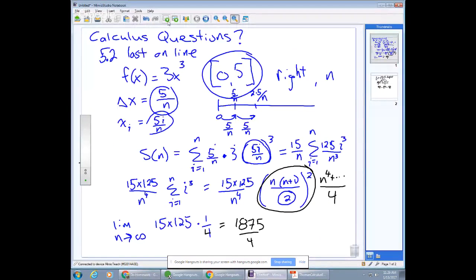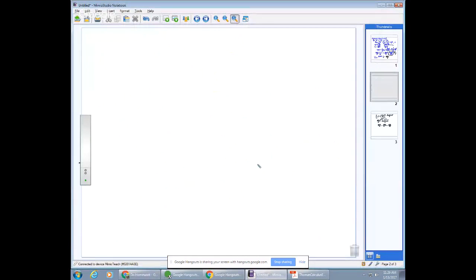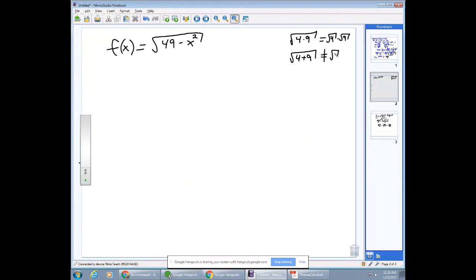It actually does, and that's an excellent point. So the function is this. Yeah, it looks like it could be simplified, 49 minus x squared. One thing about square roots: although you can break up the square root on multiplication and say that's the square root of 4 times the square root of 9, you can't do that on addition or subtraction. So this right here is not going to be equal to the square root of 4 plus the square root of 9.